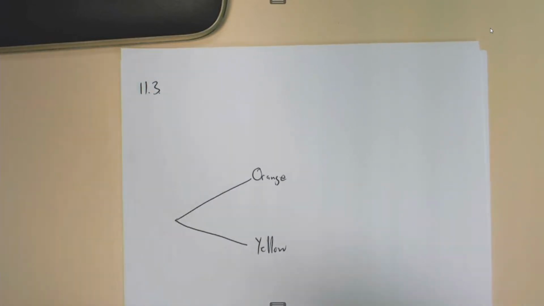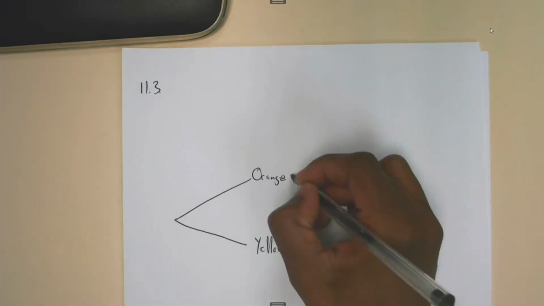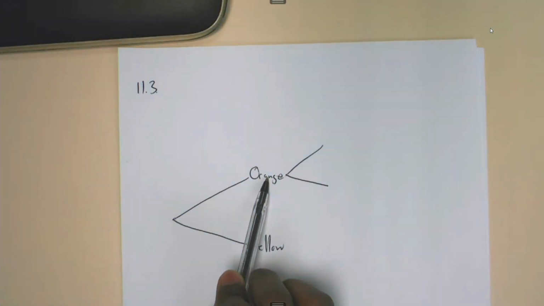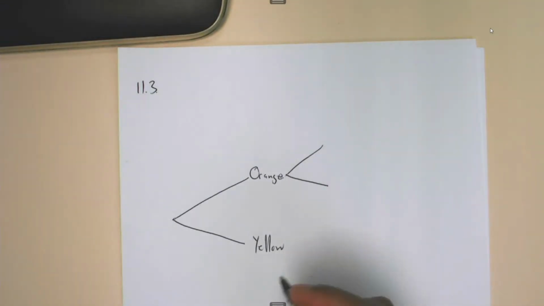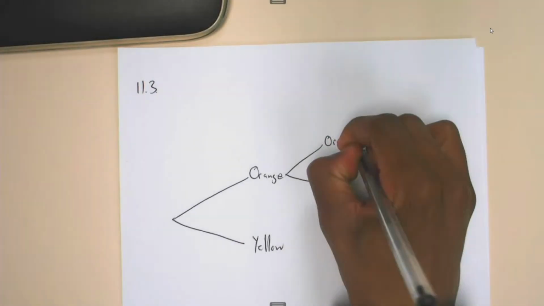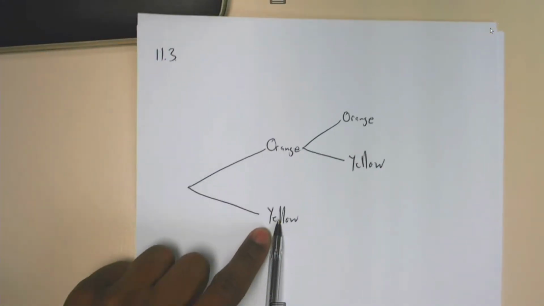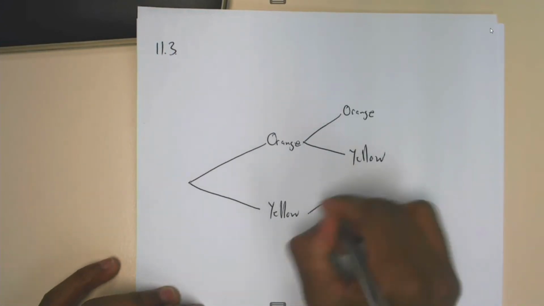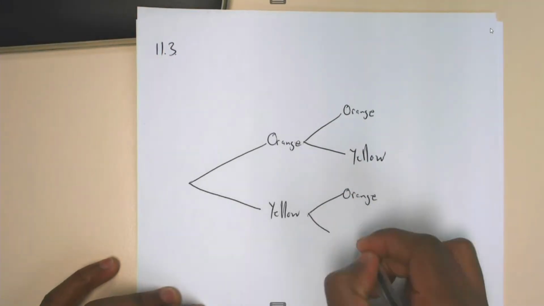But remember, he chooses again. There are only these 2 colors in this particular bag. So to represent the second choice, he could choose orange as the first ball, and then return the ball to the bag. And then when he chooses for the second time, what are his options? Still orange and yellow. That represents the second event. Or he could choose yellow as his first ball. And after returning the yellow ball to the bag, what are his choices? Still orange or yellow.